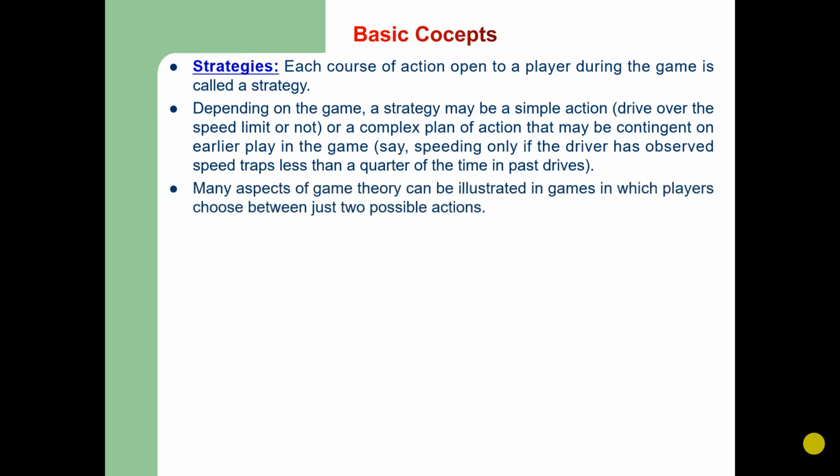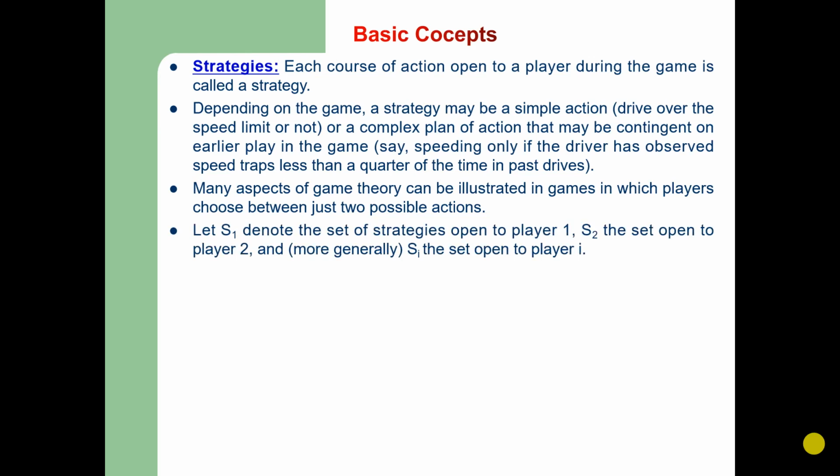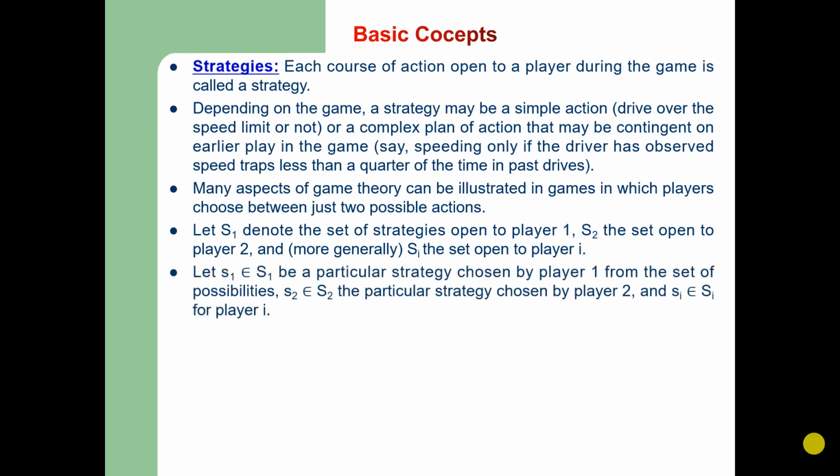Many aspects of game theory can be explained in games in which players choose between just two possible actions. Let S1 denote the set of strategies open to player 1 and S2 be the set of strategies open to player 2, and more generally Si is the set of strategies open to the ith player. Let s1 be a member of the capital S1, a particular strategy chosen by player 1 from the set of possibilities.